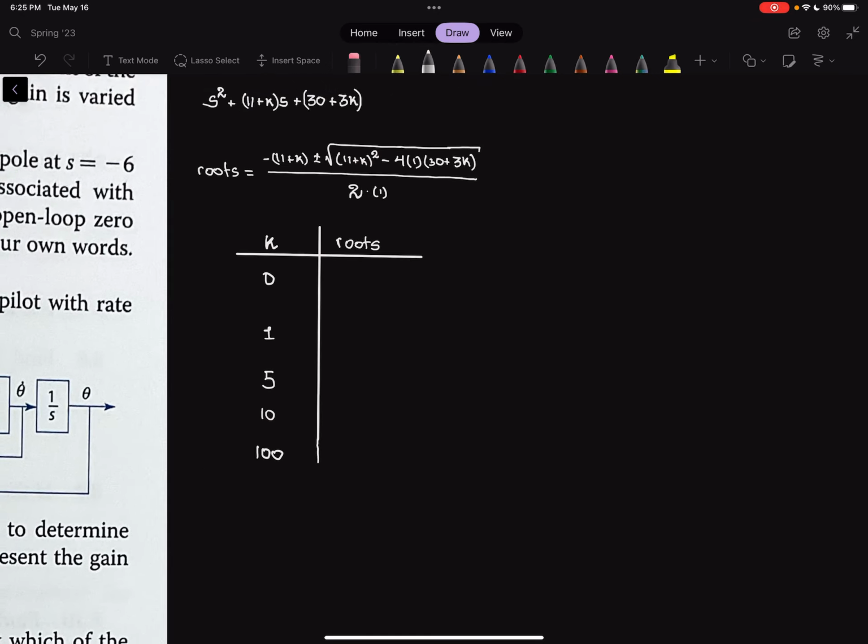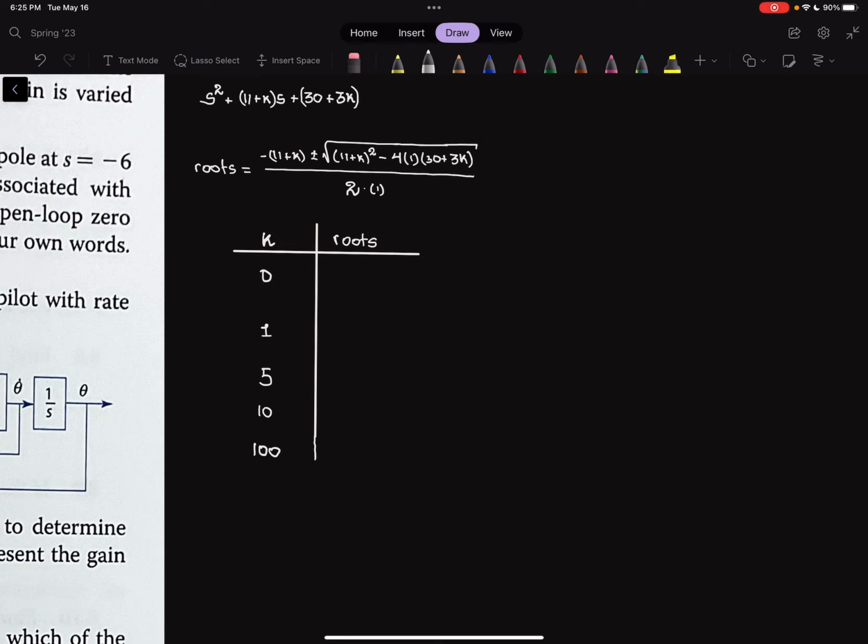So how are we going to do that? If I put in 0, I'm going to input 0 into this formula. Basically, I'm going to use my calculator to evaluate it each time. So let's say I have minus 11 plus 0 plus or minus.